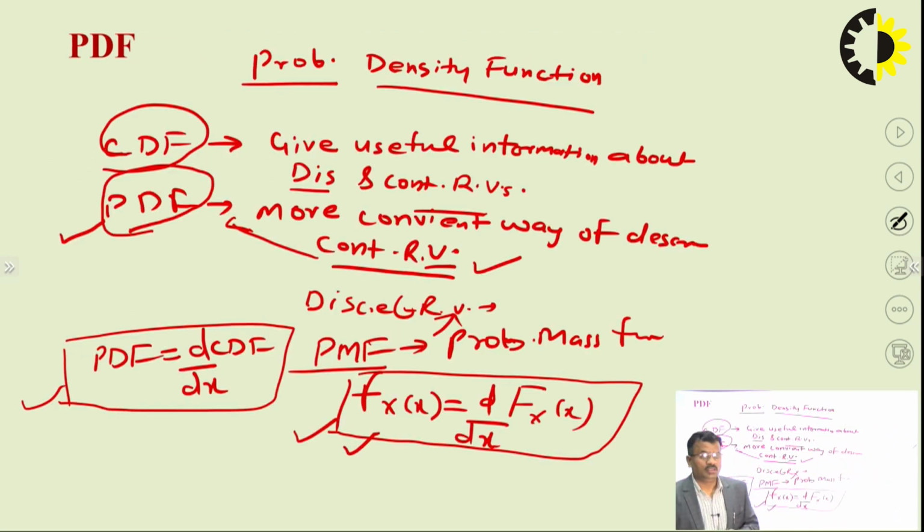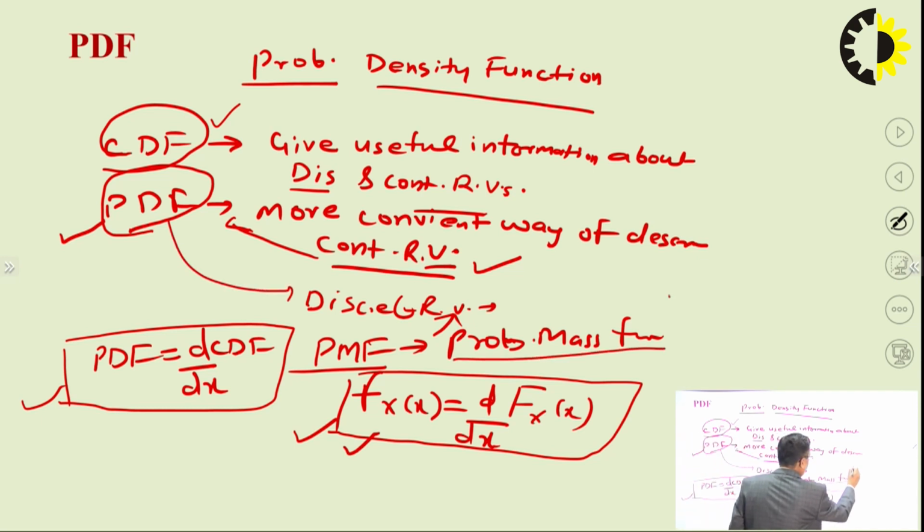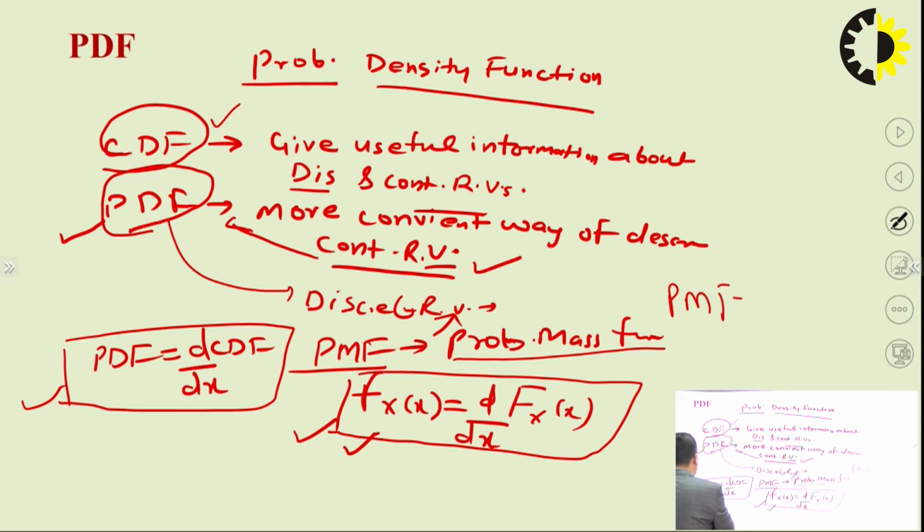Now, CDF gives useful information about both discrete and continuous random variables. Whether it is discrete or continuous, the CDF is the same, but PDF is for the continuous random variable, and the similar concept for a discrete random variable is called probability mass function. Always, PDF is equal to the first differentiation of CDF.